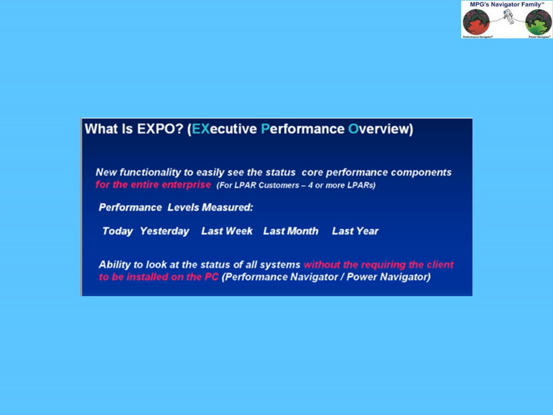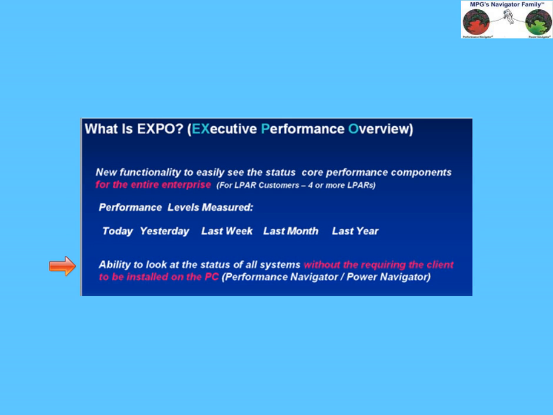So what is EXPO? EXPO is for all our LPAR customers, 4 or more LPARs, but anybody can have it. In fact, we have customers all over that purchase EXPO just for this powerful functionality. So what is it? It allows everybody to see core performance components, CPU, disk, and memory, for 5 data levels: today, yesterday, last week, last month, and a capacity planning view, last year.